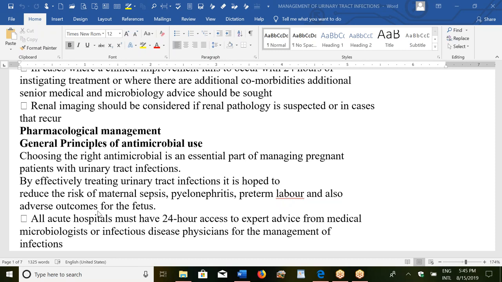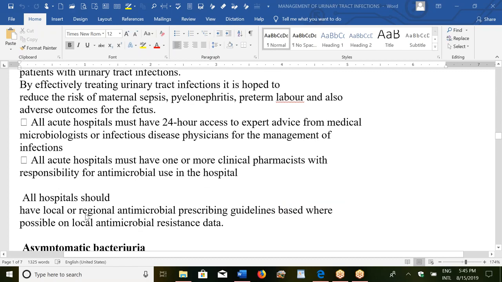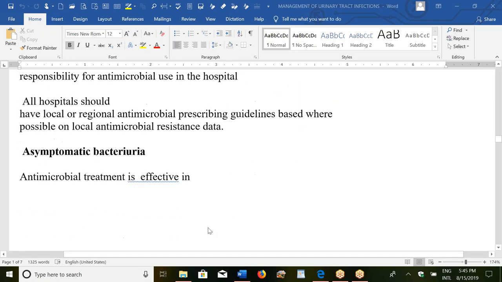All acute hospitals must have 24 hours access to expert advice from medical microbiologists or an infectious disease physician for the management of infections. In all hospitals, there should be local or regional antimicrobial prescribing guidelines based where possible on local antimicrobial resistance data. That's why they're not prescribing just one antibiotic.